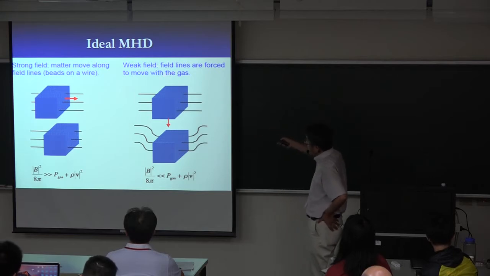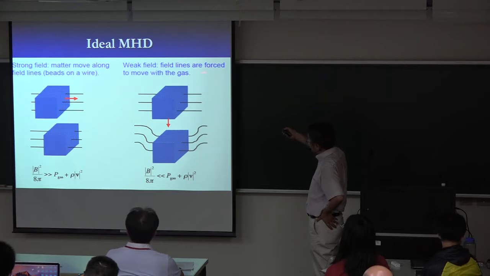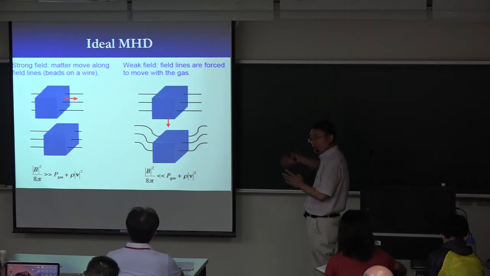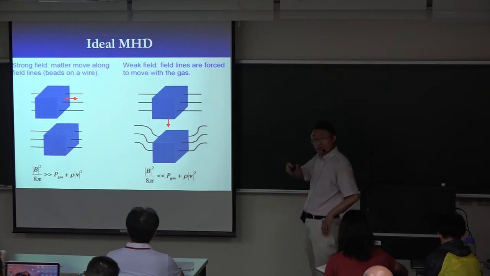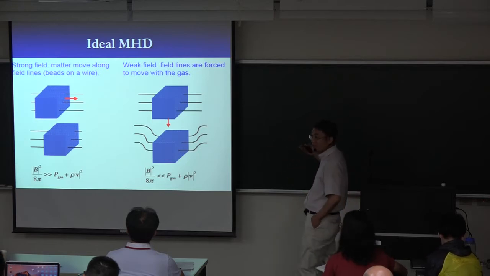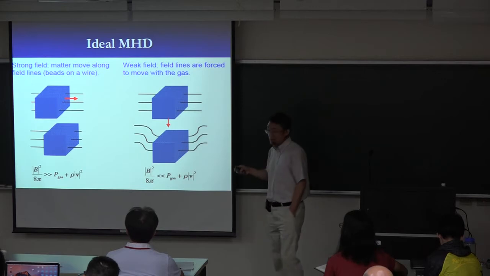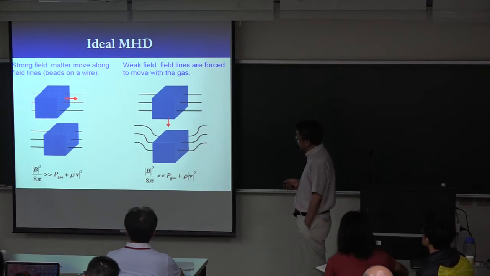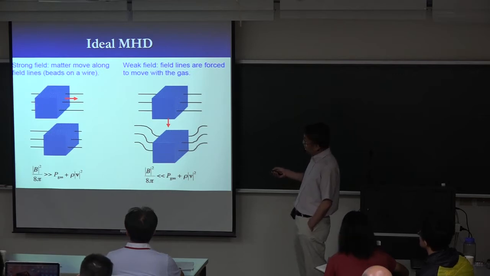In this case, the magnetic field is quite weak, so the field lines are forced to move with the gas. Whatever motion the gas has, the field lines have to follow it. These are the two typical approximations we will see in the literature. For example, in the accretion disk corona, it is generally in this region, but within the accretion flow, it is in this region.